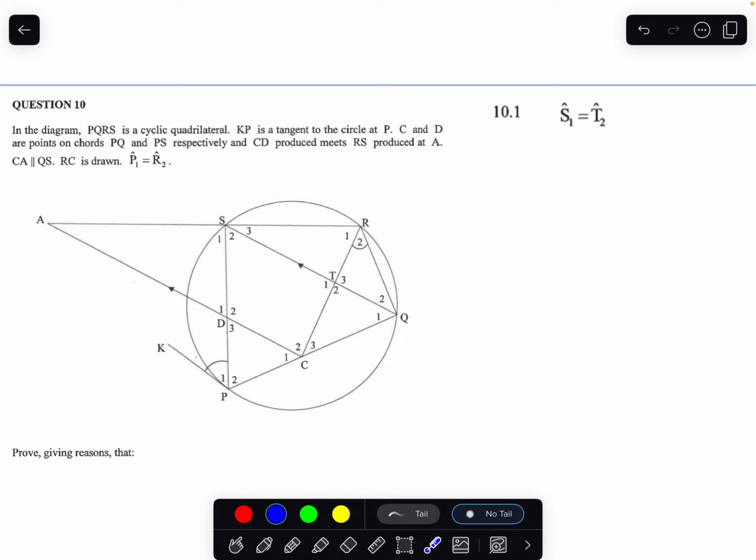Okay, where are you trying to get to? S1 is equal to T2. Okay, who is S1 related to? Just out here being a sponge. I don't know why I'm calling it a sponge.